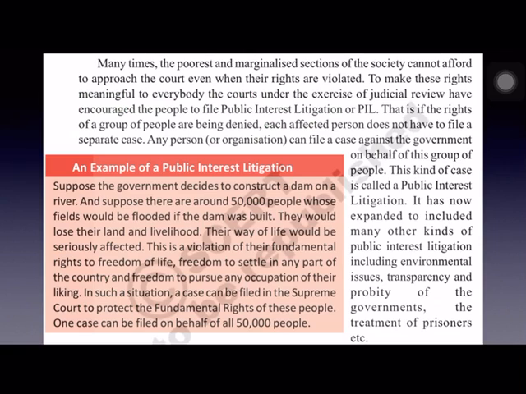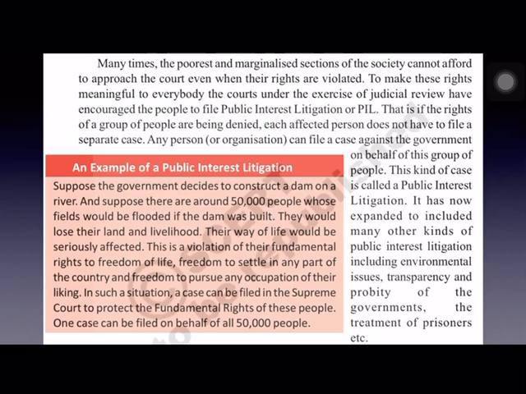Any person or organization can file a case against the government on behalf of this group of people. Each one need not file a case in the court individually. As a group, any person or any organization can file a case against the government on behalf of this group of people.